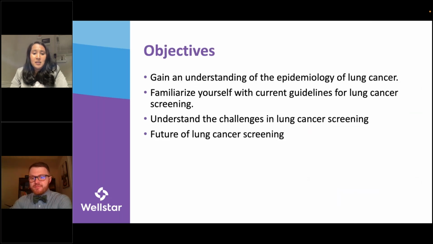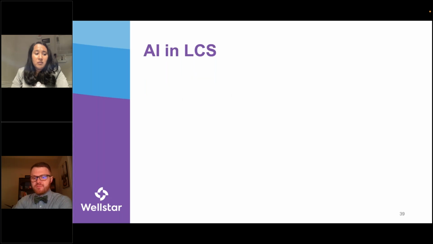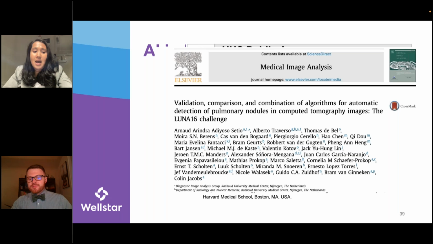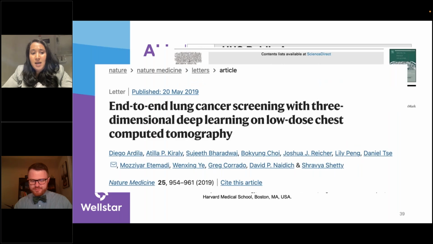And then last but not least, looking at the future of lung cancer screening. So there's a lot of new technologies that are coming into market, specifically when it comes to AI. There are a lot of nodule detection algorithms, deep learning, that's working and trying to determine how lung cancer screening exams can be evaluated by AI models.